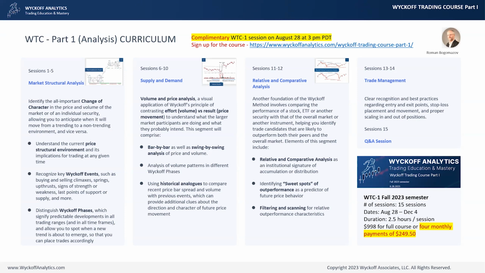You will be able to read the chart way better, and that's what I personally see from students that go through our educational curriculum properly, and that's what I would like to suggest to you to do.